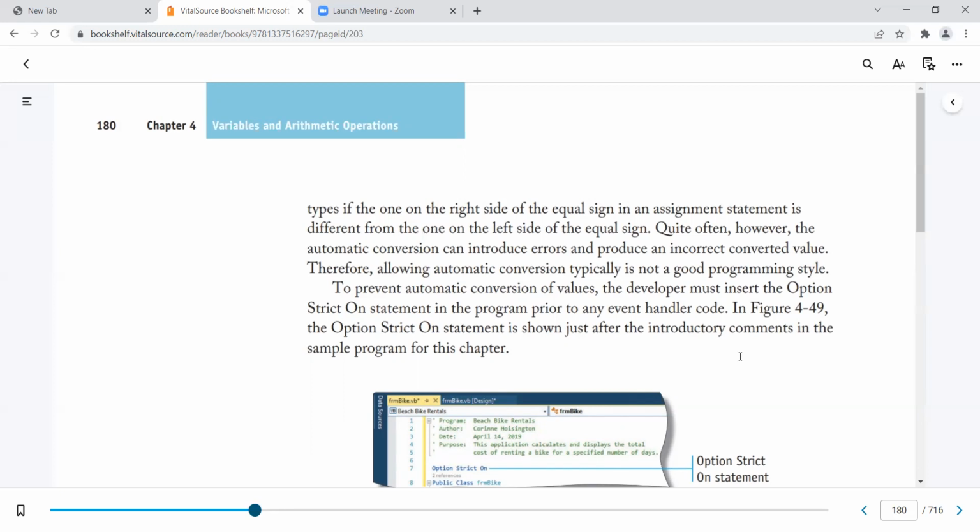So in order to stop this automatic conversion from one type to another, you have to turn option strict on. And in the future, you will know that every data type has a default value. All languages are the same, because the fundamental idea of computer science is the same. Different data types have their own default values, which means if you forget to assign a value, they will use the default value. For integers, by default, your integer is 0.